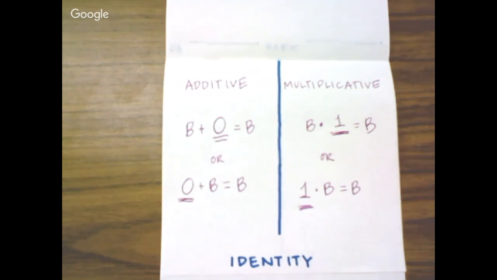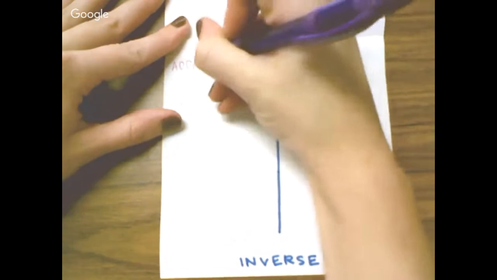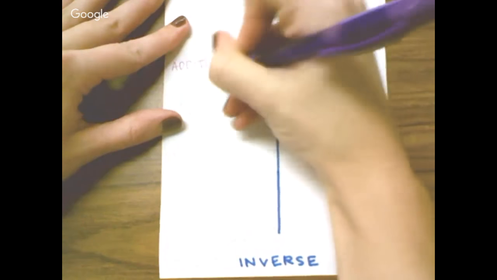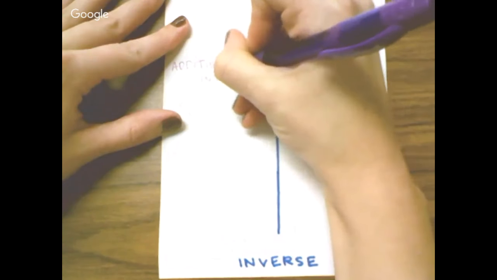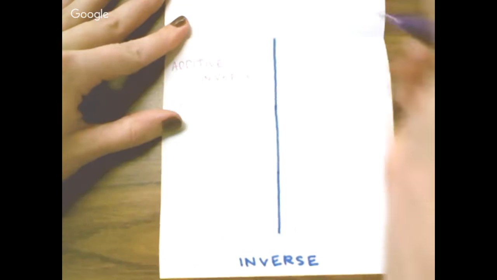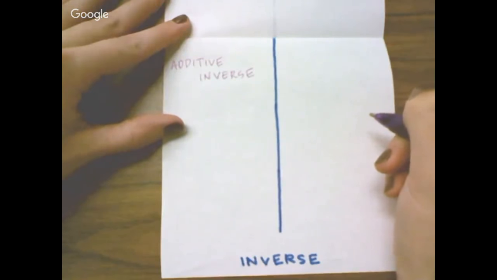So that comes into play when I start talking about inverse operations. So let's look at the inverse. If I'm going to talk about the additive inverse, my question is, what adds to equal the identity?